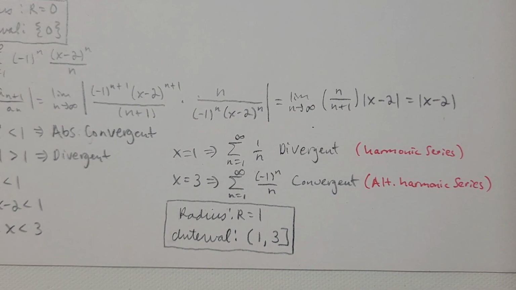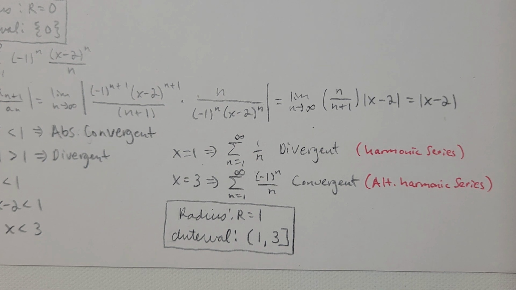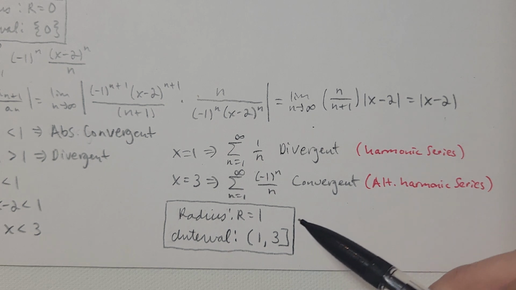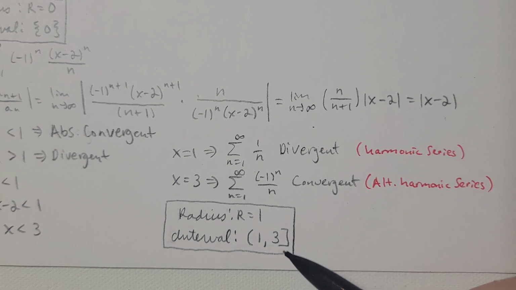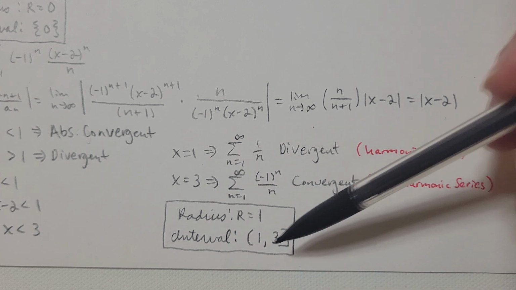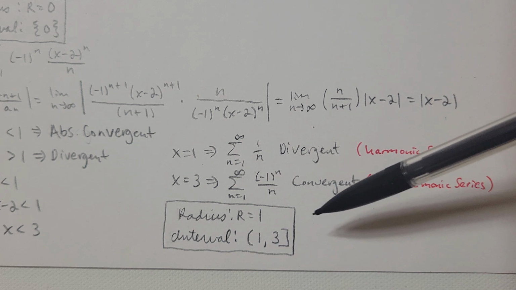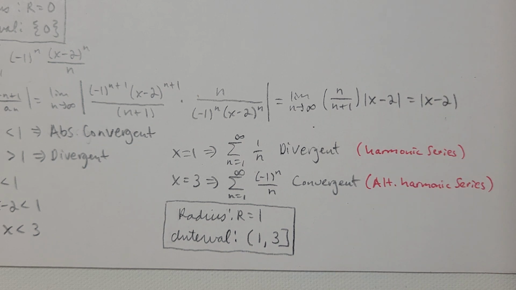Right? We looked at that in section 11.5. And so I'm going to include the right endpoint, 3, and I'm not going to include the left endpoint, 1. So my answer is going to be the interval 1 to 3, where 3 is included. And I've got a radius of 1.